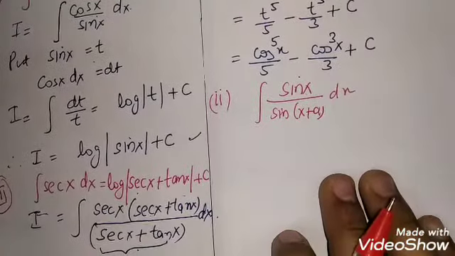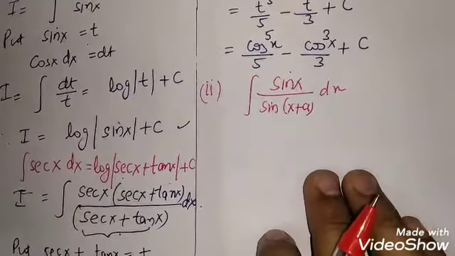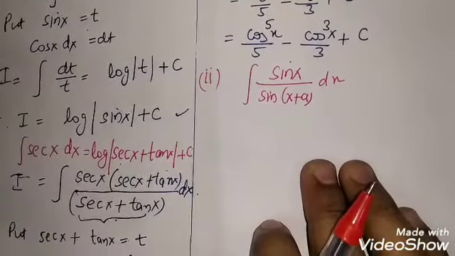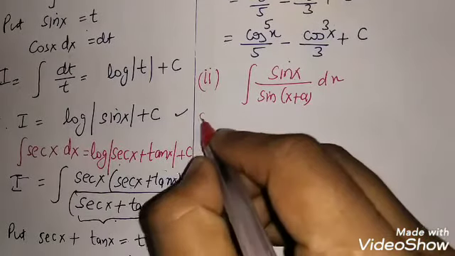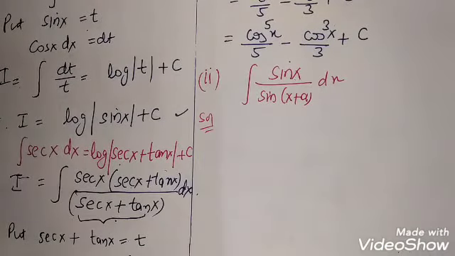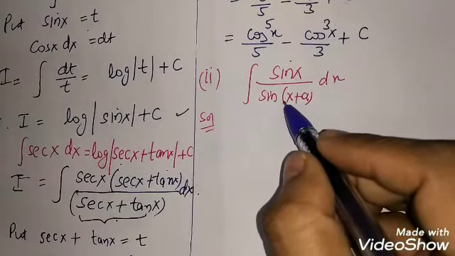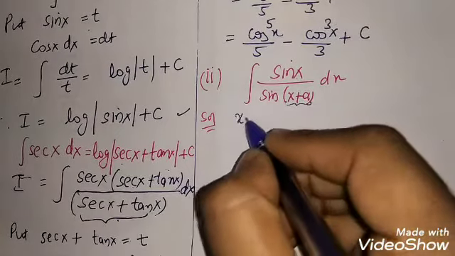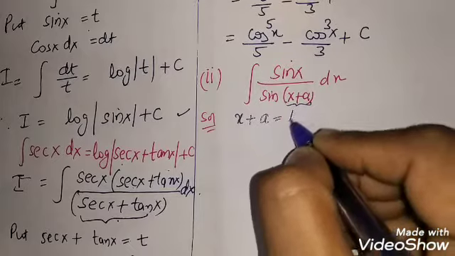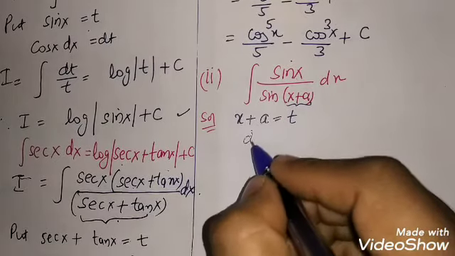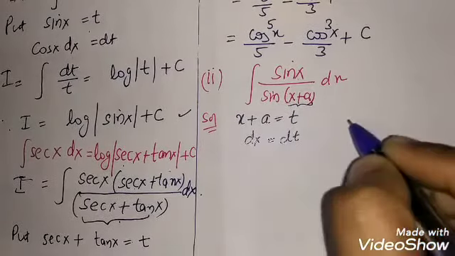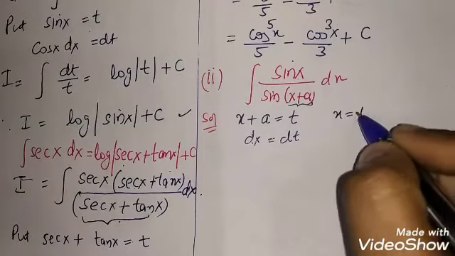What can I do about this particular question? You have to pause the video for a while, then think, then I am doing it for you. Put x plus a to be t. Simple. dx to be dt. Easy. And the value of x is t minus a.